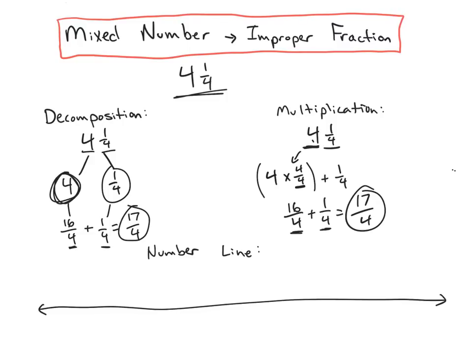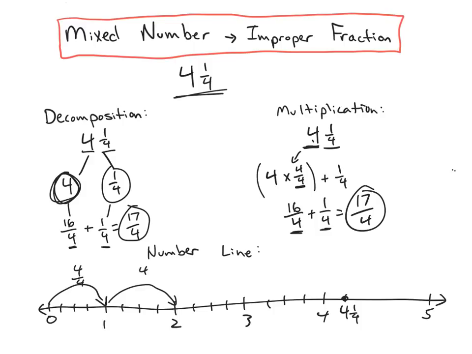We can also do this work on a number line. If I draw out my number line, 0, I'm going to go to 5 here. And we partition it into fourths. We have 1, 2, 3, 4 wholes, and then each one we split into fourths. We're representing 4 and 1/4, and we can show that for each 1 whole that we jump, we are jumping 4/4.